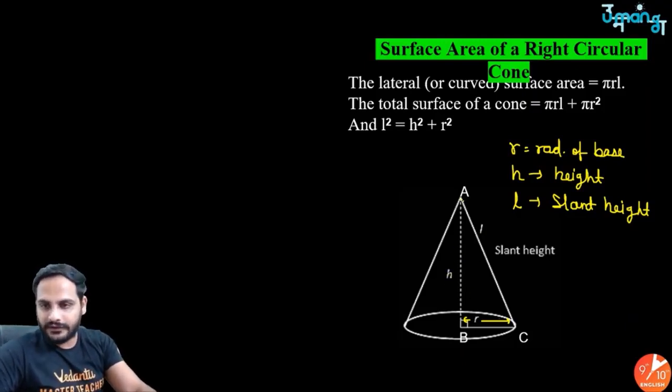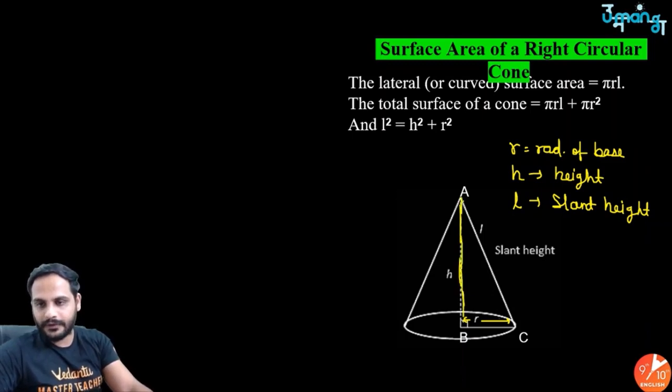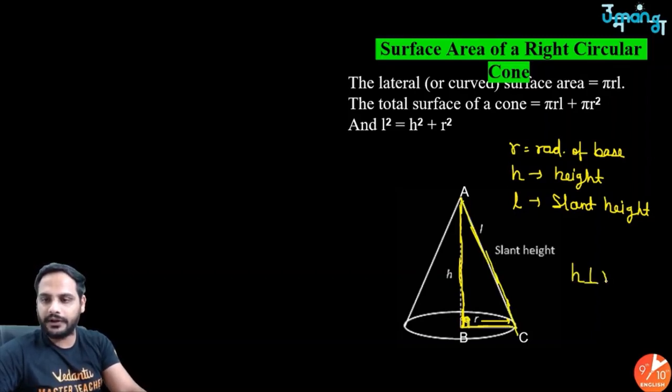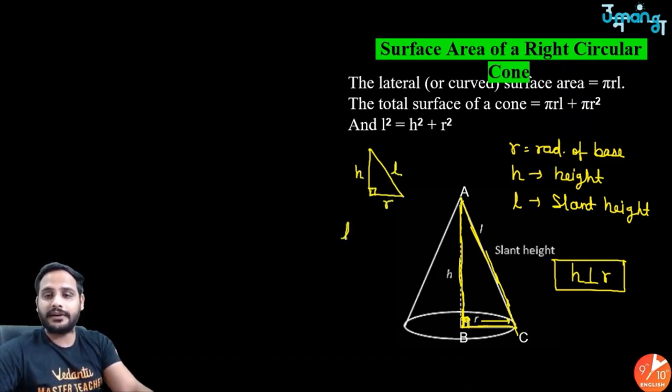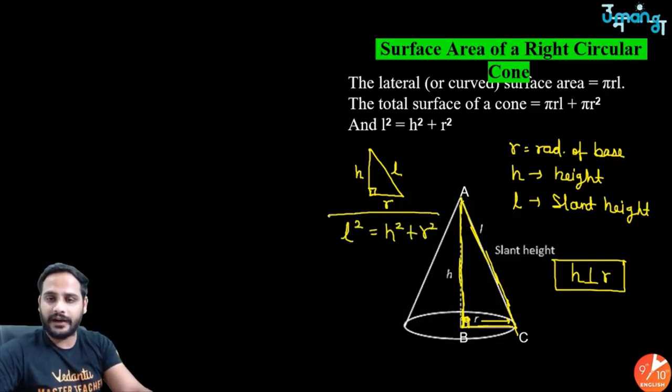Now if you look at this triangle ABC, it is a right angle triangle, right? Height is always perpendicular to the radius. So using Pythagoras theorem, I can clearly say l square is equal to h square plus r square.